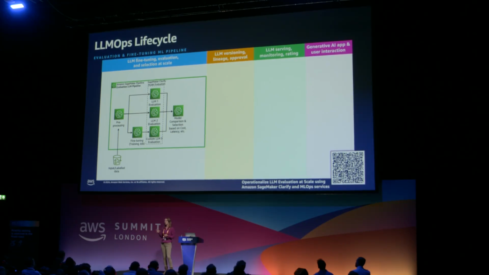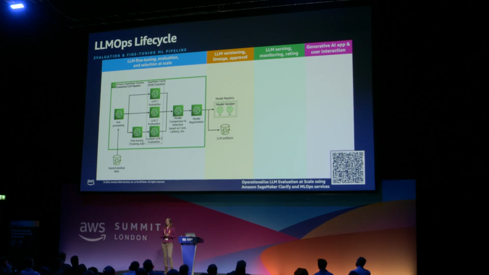Now this customized model we can compare to different base foundational models that we have selected with Amazon SageMaker Clarify. And you can use any kind of metrics for this that we discussed earlier. You can use metrics for cost or latency. You can evaluate with your custom business metrics. And the output of this should be an artifact that best suits your business needs based on the evaluation criteria you have selected. And that one, you want to register through SageMaker Registry.